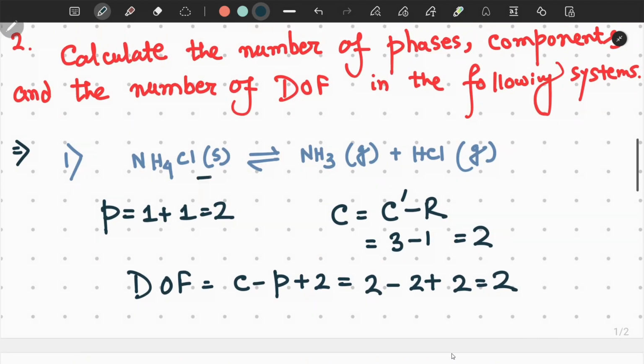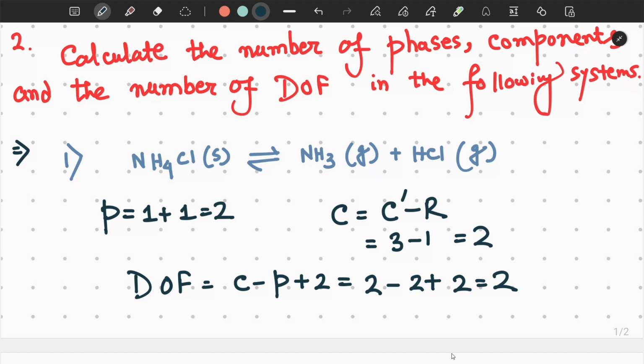That is one solid phase, but the gases will mix. These two are indistinguishable: NH3 gas and HCl gas. The molecules are different, but can you distinguish them physically? No. That's why air is only one phase.